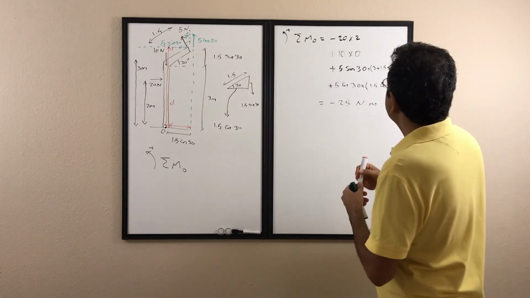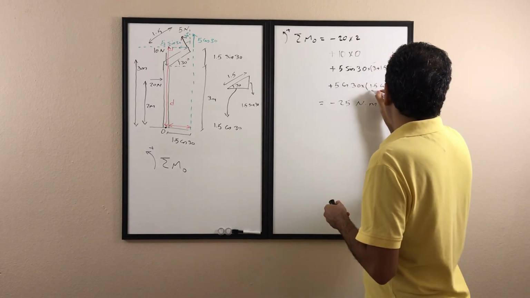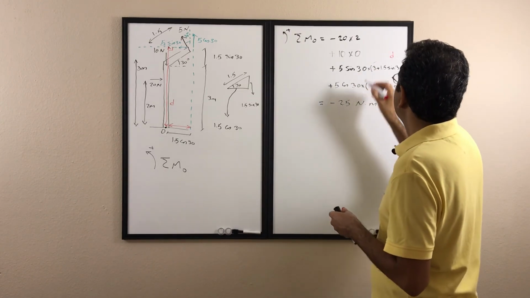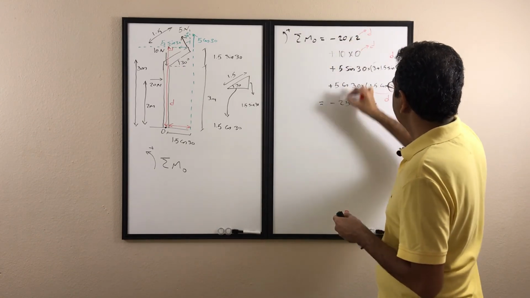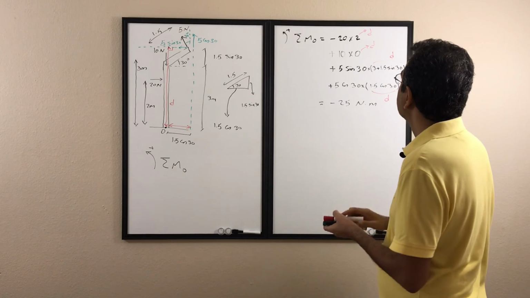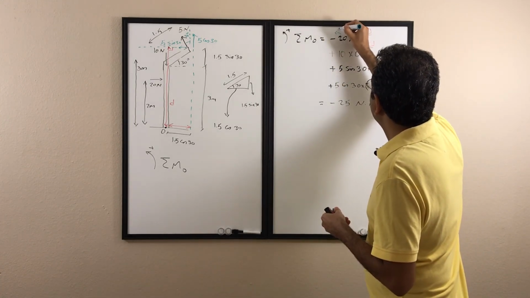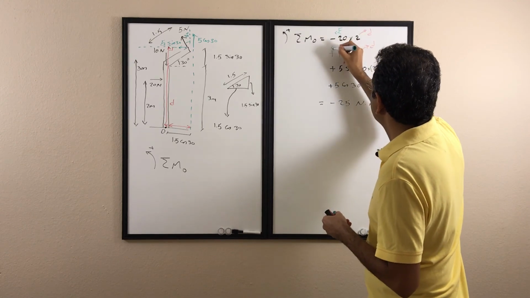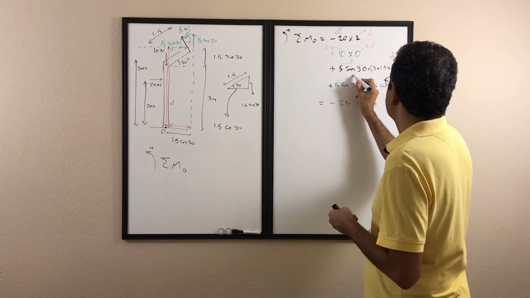So remember, these are the forces. So this is distance, this is distance, and the other parts are forces. The 10 is force, this is force, and this is force.